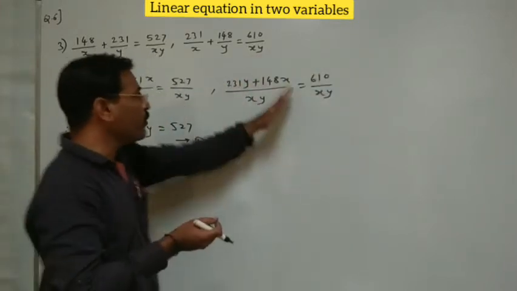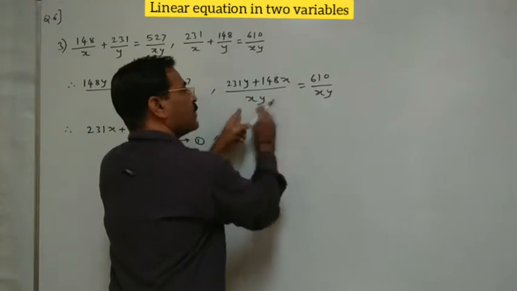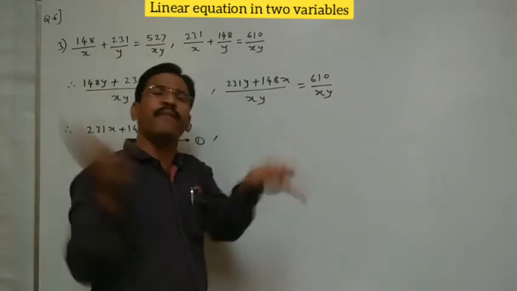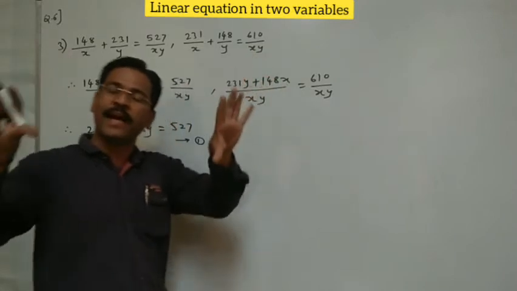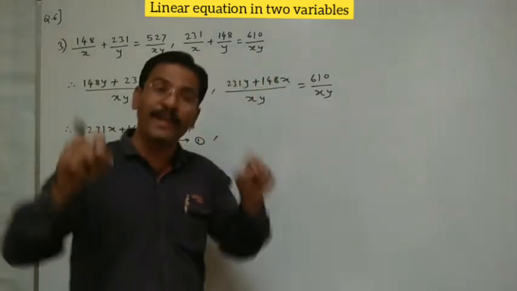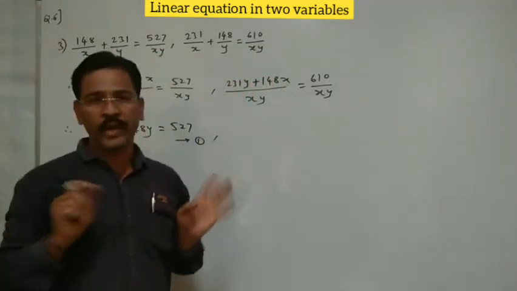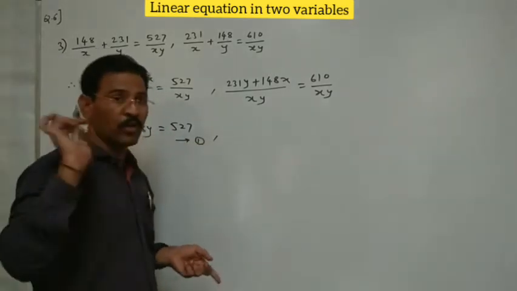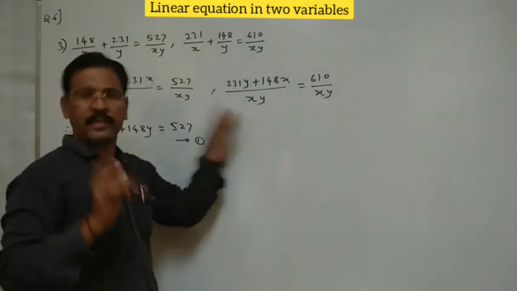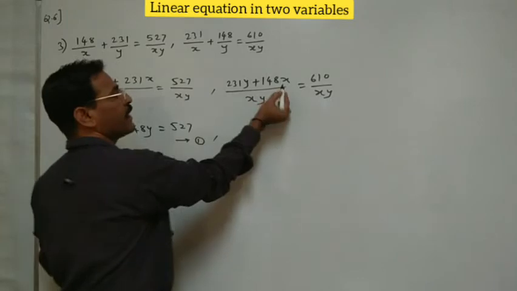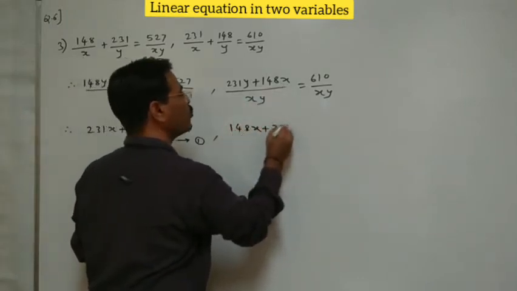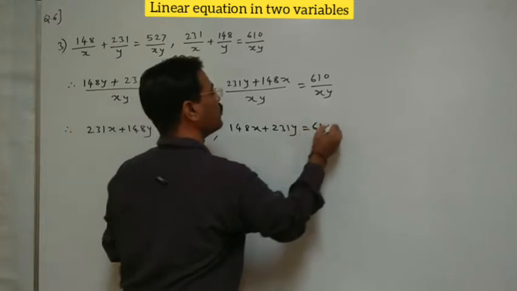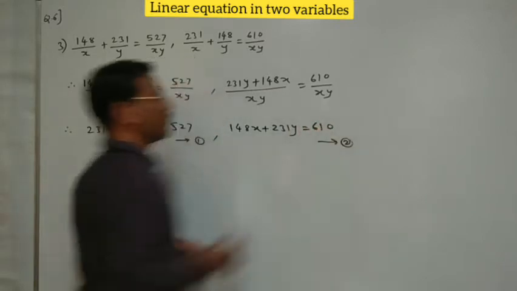If it is a binomial, something is there, so we cannot remove it. First make it a monomial, both sides, in LHS and in RHS. If their denominators are the same, we can remove them, but it should be a monomial. Here it is a monomial, that is why we can remove it. Here I will write the x term first, which is 148x plus 231y is equal to 610. This is equation number 2.